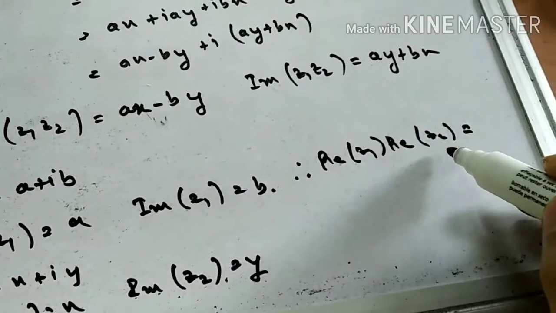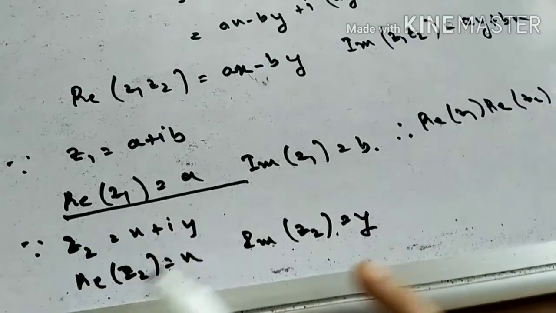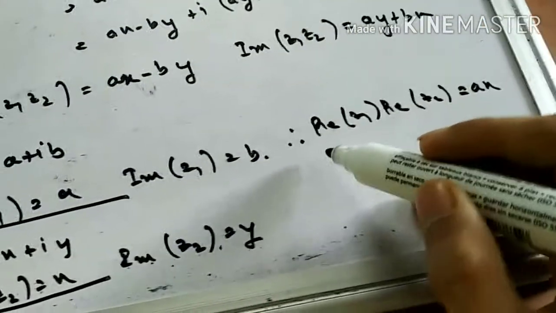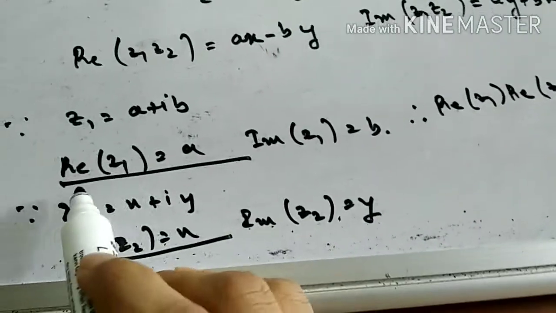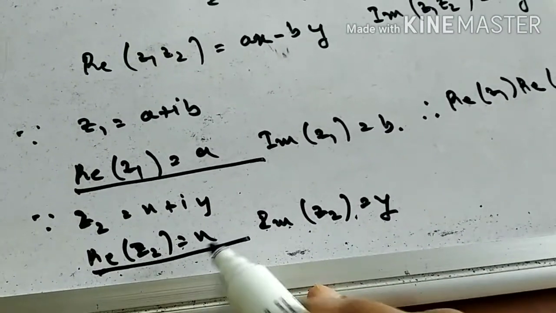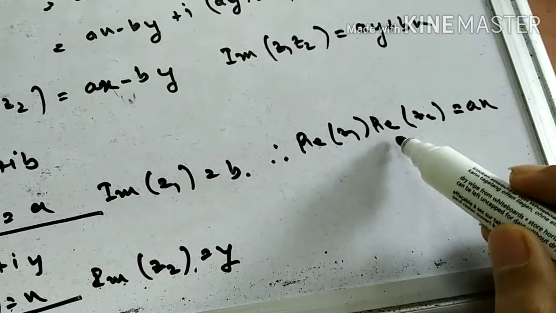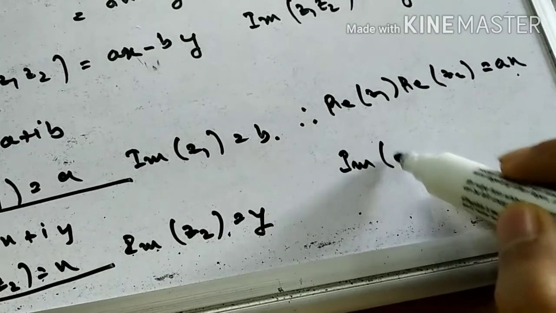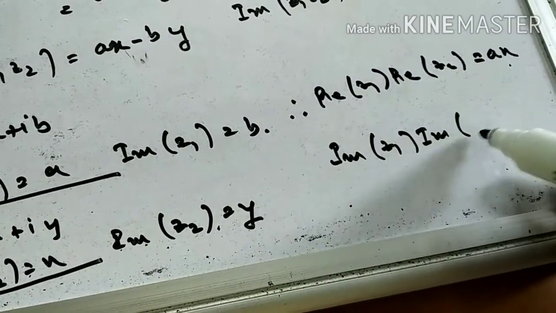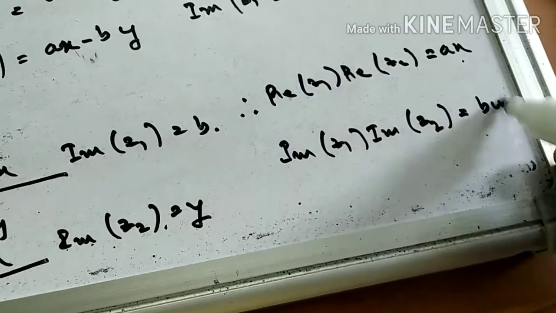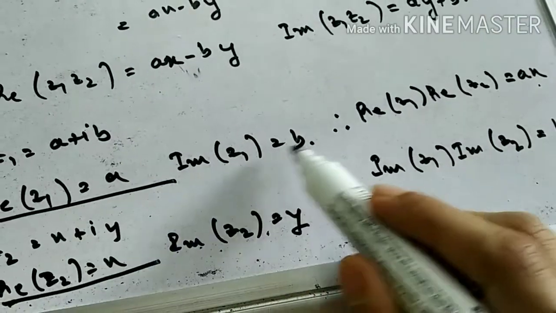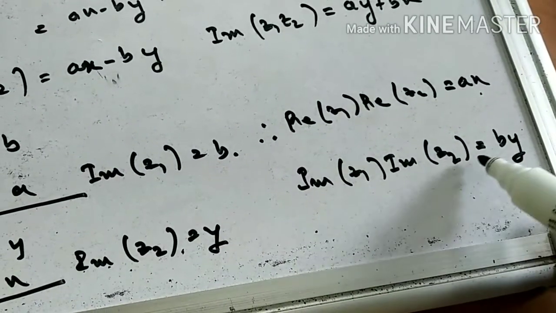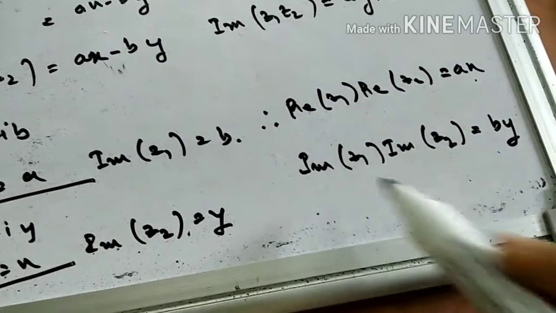So if I do Re Z1 into Re Z2, what will I get? Re Z1 is A, Re Z2 is X, so I will get AX. Then Im Z1 into Im Z2: Im Z1 is B, Im Z2 is Y, so I will get BY.